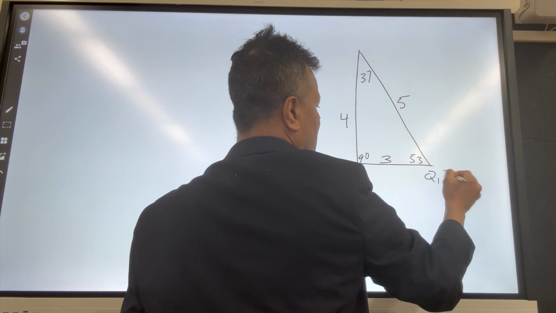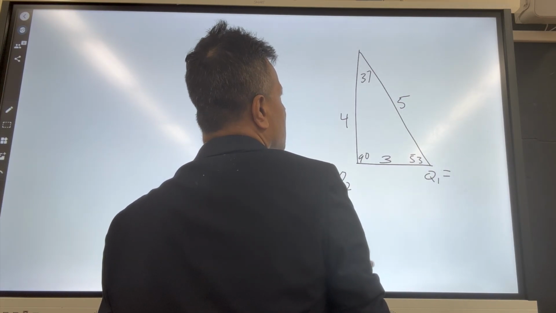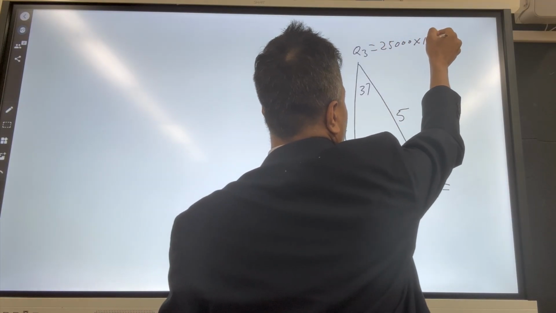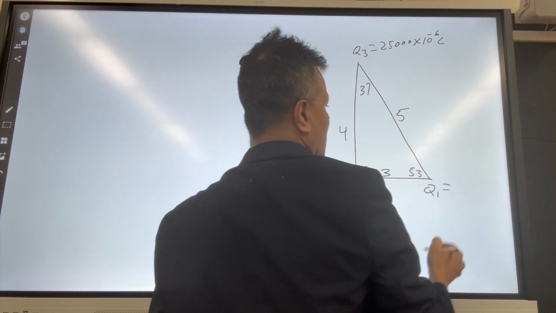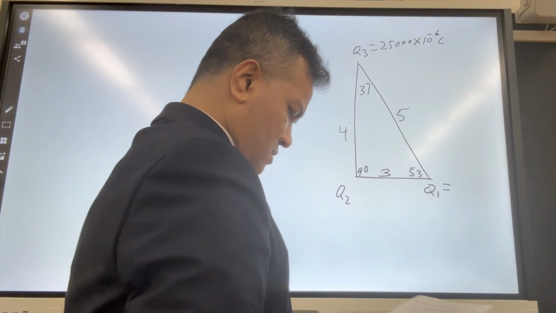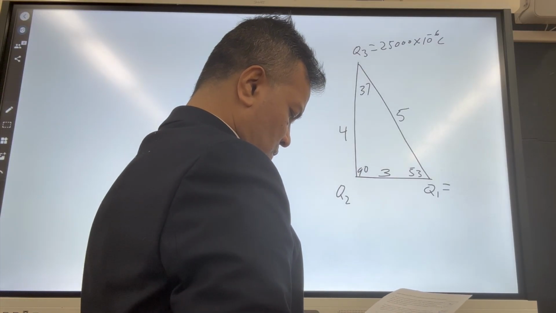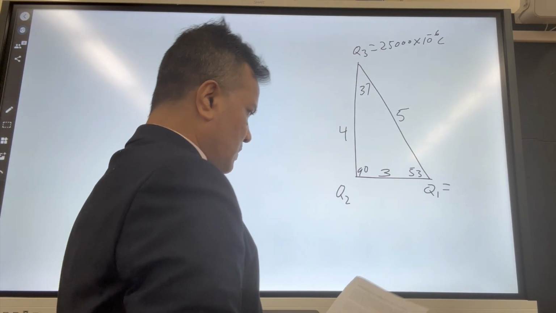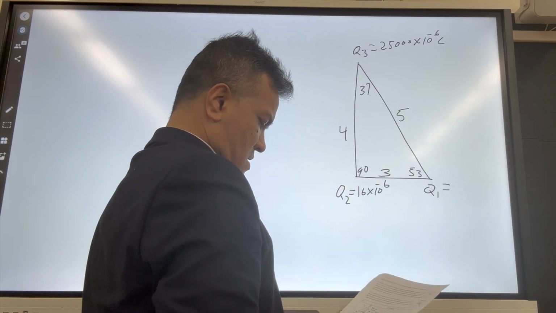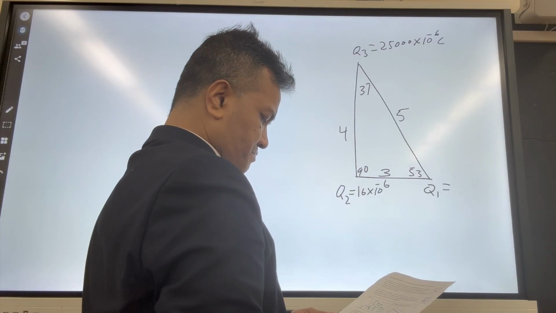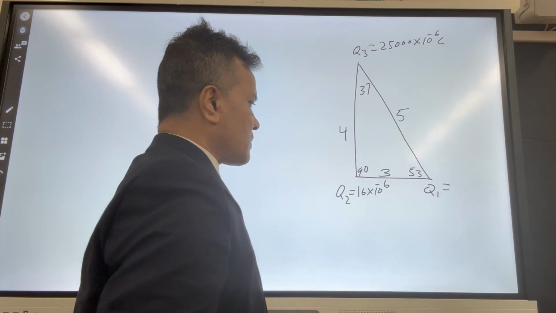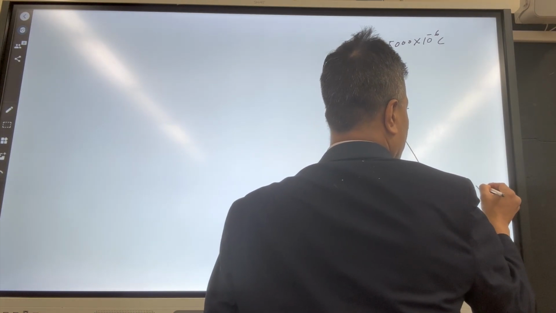This is q1, this is q2, and this is q3. q3 is 25,000 times 10 raised to negative 6 coulomb. I gave you the values, so no worries, I'm going to write them down. q2 is 16 times 10 raised to negative 6, q1 is 10 times 10 raised to negative 6.